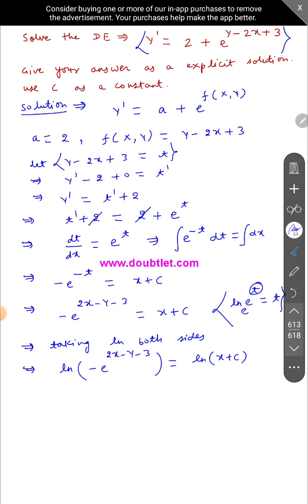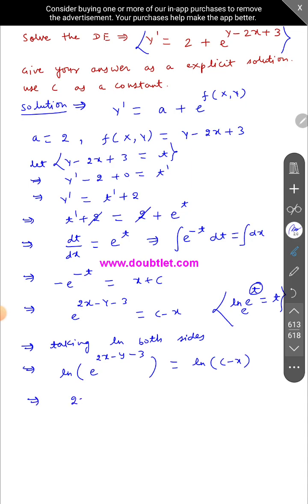So here this is minus, so first we have to multiply with a negative sign on both sides. So if we take the negative sign on both sides, this will become c minus x. And if we take ln on both sides, this will become e to the power 2x minus y minus 3 is equal to ln of c minus x.